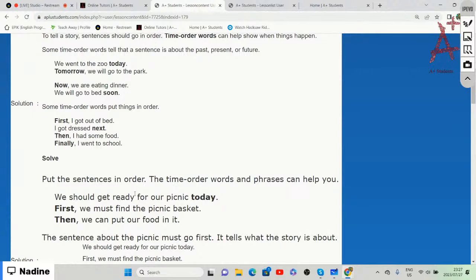So we should get ready for our picnic today. Today is in bold, right? First, we must find the picnic basket. And then we have another one that says, then we can put our food in it. All right.